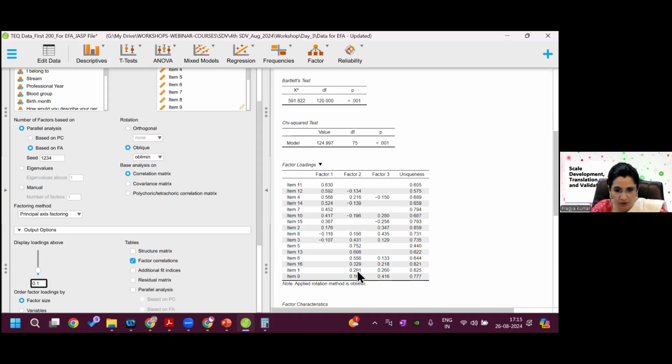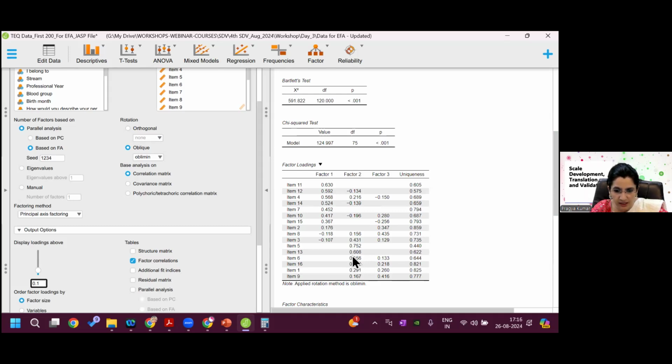See this, only 0.2 and 0.2 for item 1. Error is 82%, which means 82% of this item cannot be explained by this empathy. Here also error is 82%. Loading is very less, 0.3 and 0.2.